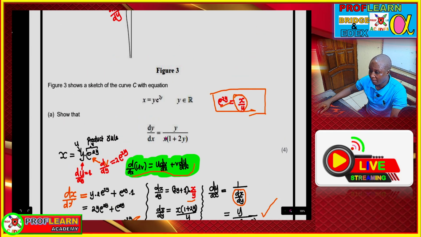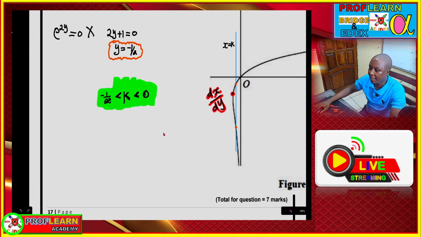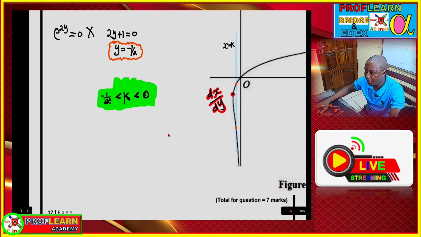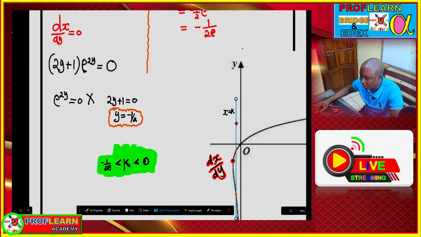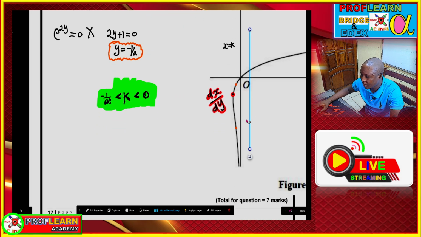Yeah, so my graph and my k, I've just shown it here. This is the line. If it's cutting the curve at two distinct points, then it must be within this region. Because if you shift this graph this way, at this point it will be cutting at 1 point. If you shift it to this point here, it will be a tangent to the curve.